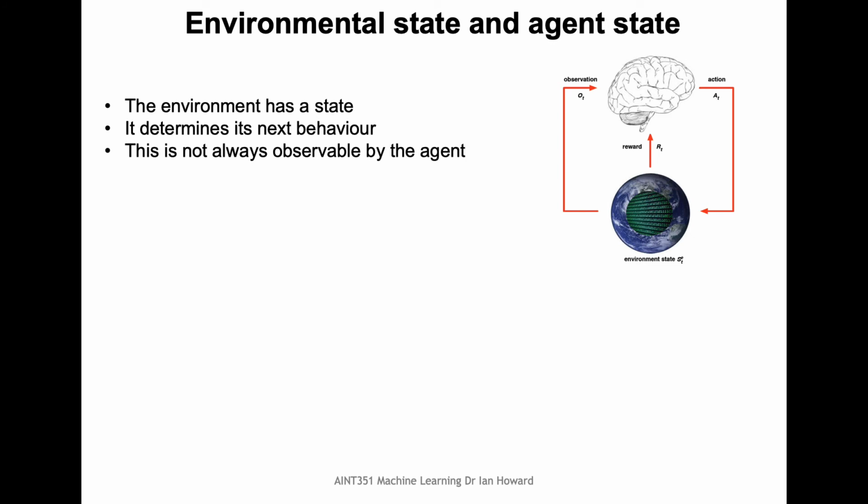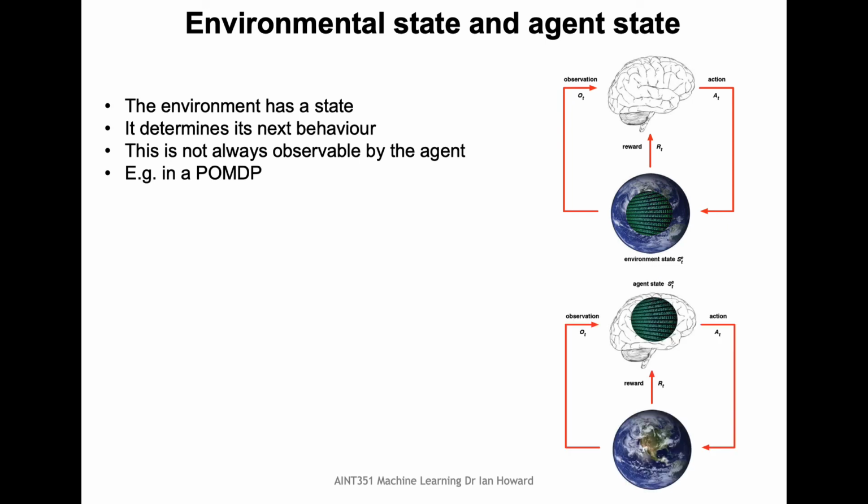But state is not always observable, so sometimes the system doesn't necessarily see all the variables. And then it's called, for example, a partially observable Markov decision process. We will come back to that, right? And in this particular case, it means we can't see exactly what's going on.